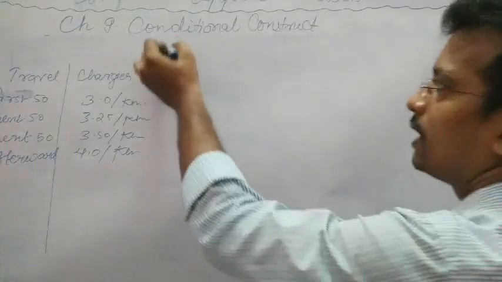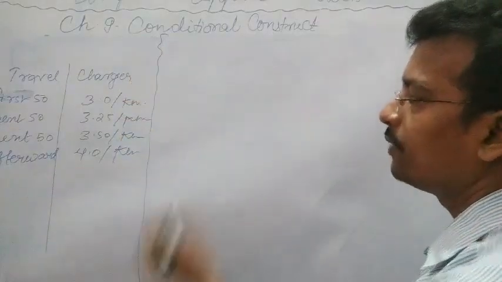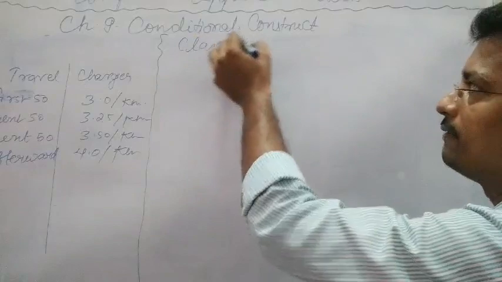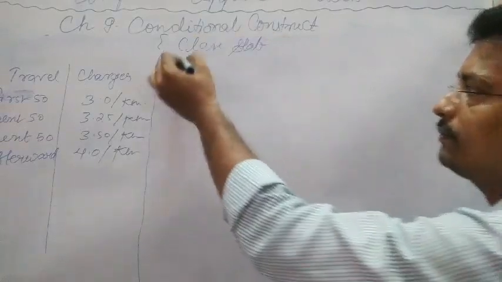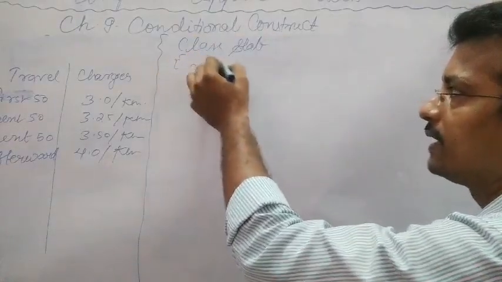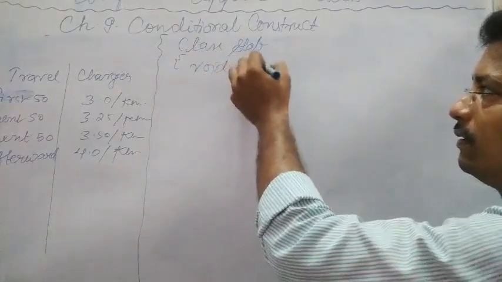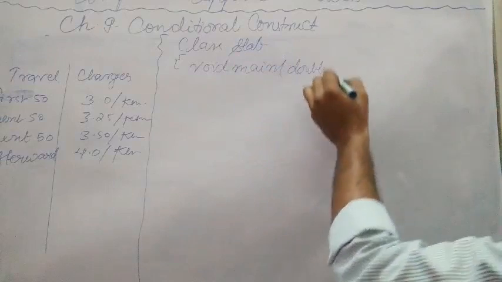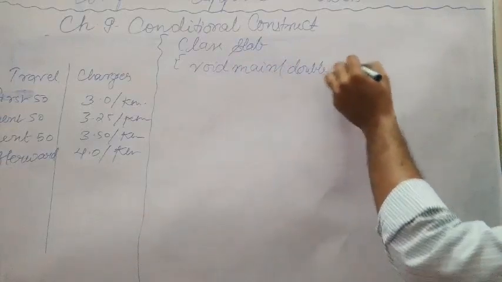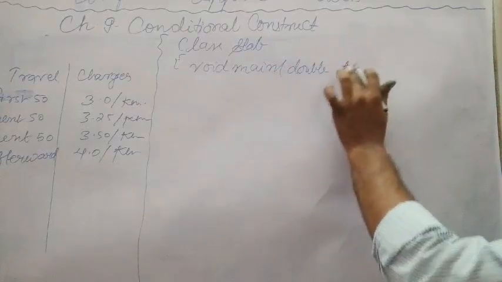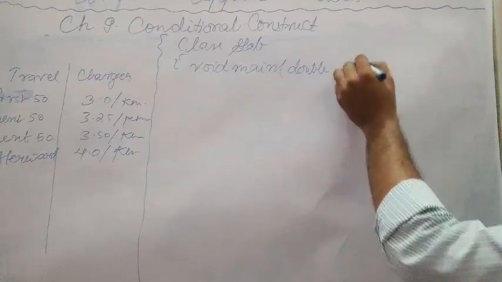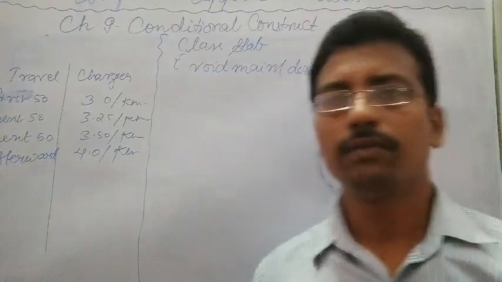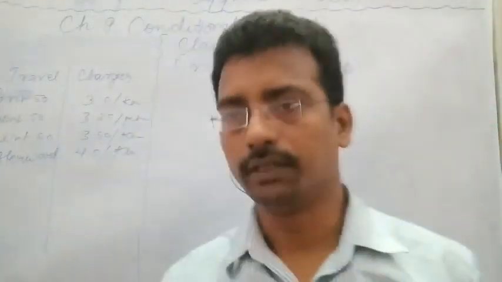First, how many variables do we need and how will we do this program? We have taken the class slab and we have taken an argument of double type, travel, T for travel, meaning how many kilometers we have traveled.